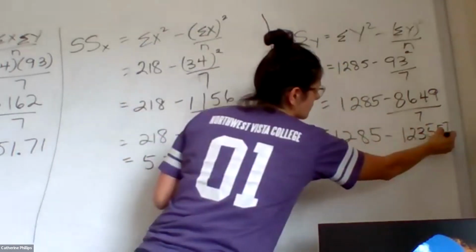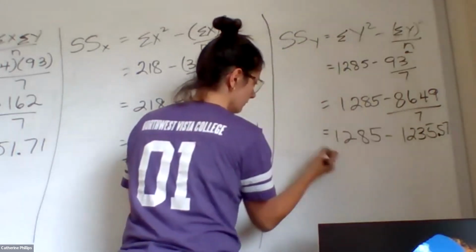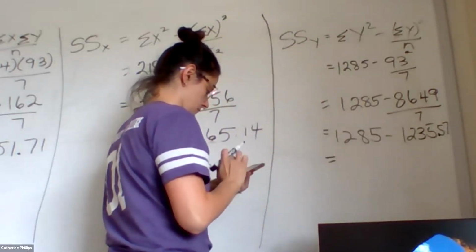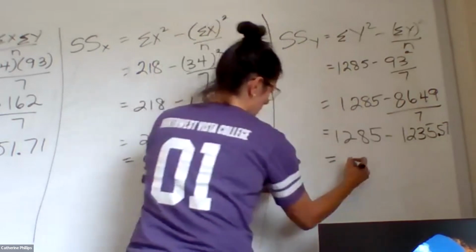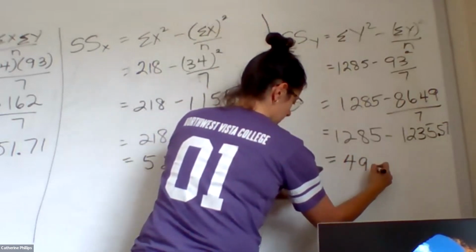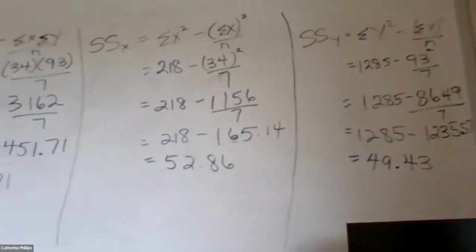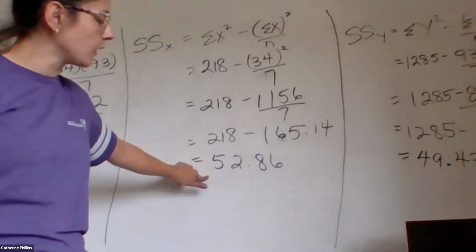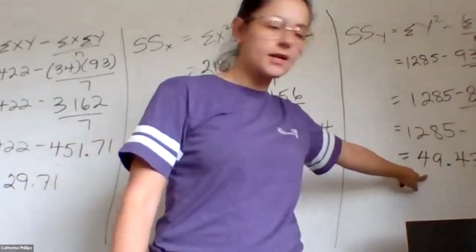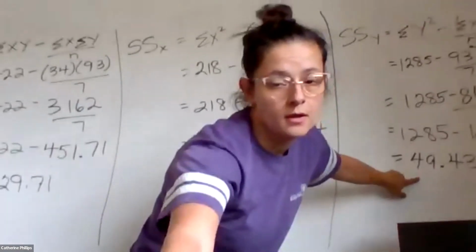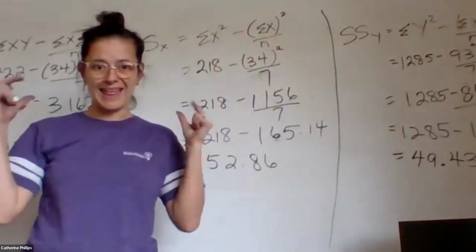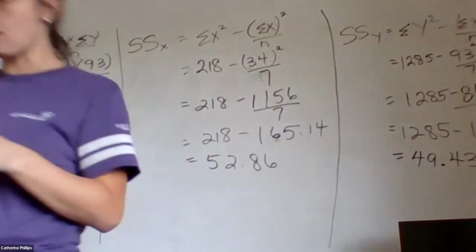Still got this one. There's a decimal right there. Which is 49.43. So what I'm going to do is multiply 52.86 by 49.43. I'm going to take the square root of it, and that is my denominator for my r.